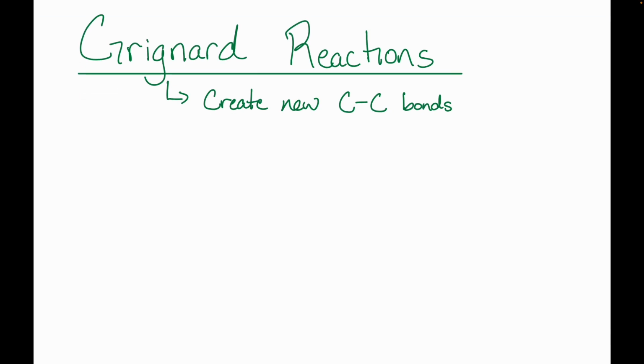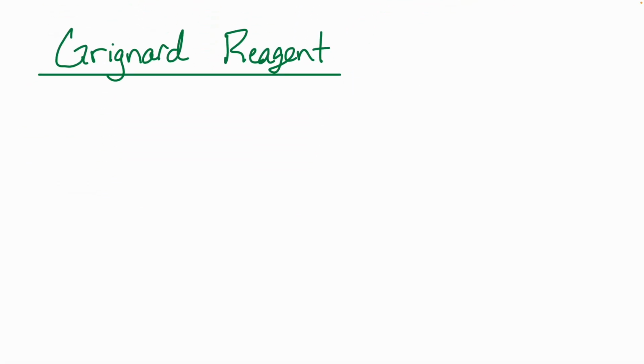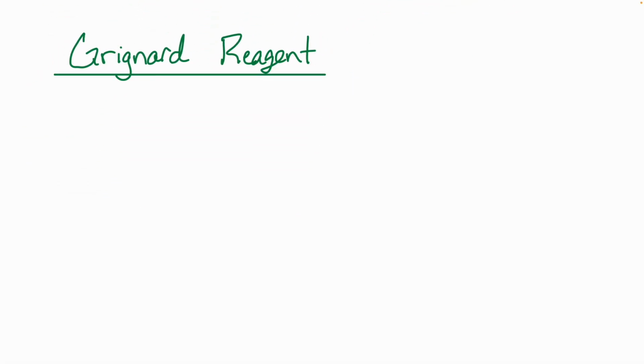So a Grignard reaction will require what's called a Grignard reagent. And this is one of the most magical reactions I've ever seen. It still kind of blows my mind, but it turns out that if you take an alkyl bromide, something that's relatively easy to prepare, and you mix this with solid magnesium, magnesium metal, you just take little shavings of magnesium.